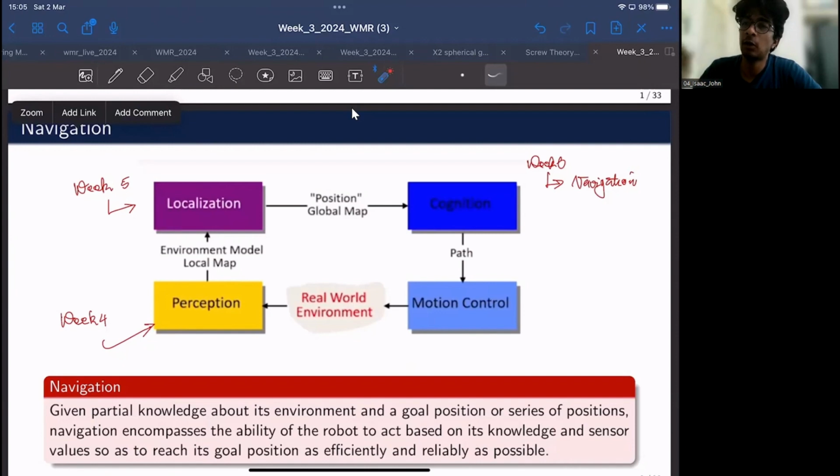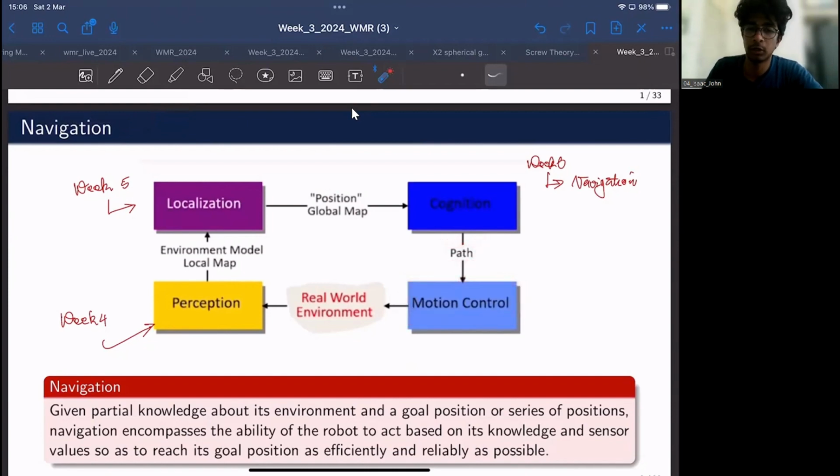And once you have decided on what path to take, your controller will have to give the right commands to the actuators, so that the actuators will take the robot from its current position to the goal position. So that is where this stage comes along, motion control, right? This comes after path planning.